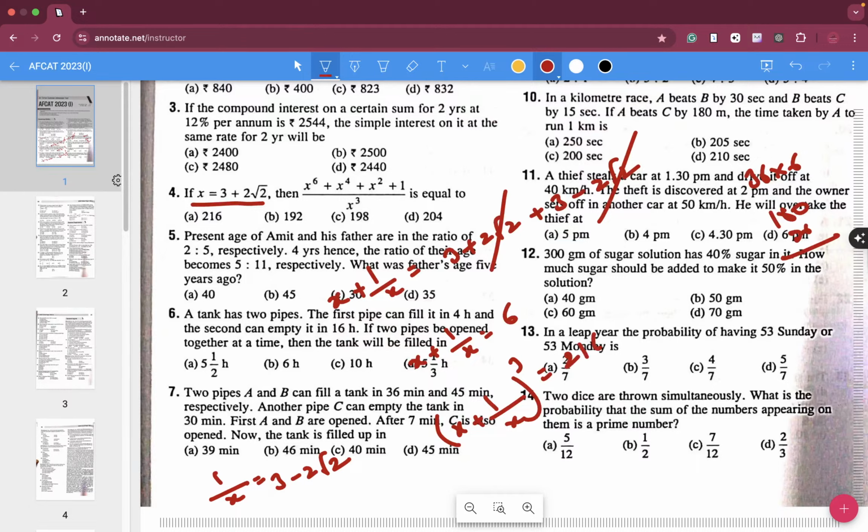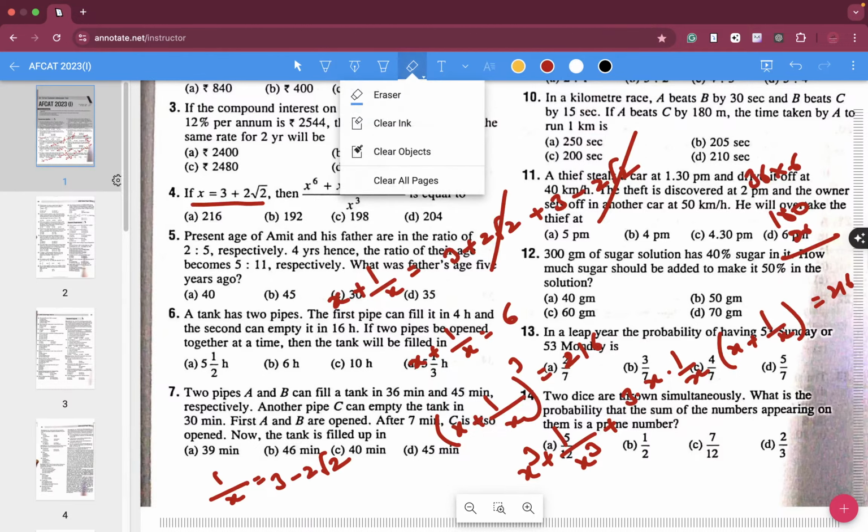This is 216, right? Is that what we have? So now over here a cube plus b cube plus 3ab into a plus b is equal to 216 is what you have, right?